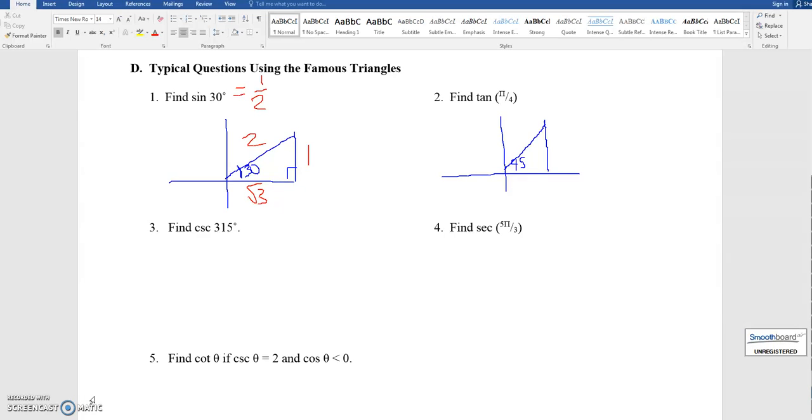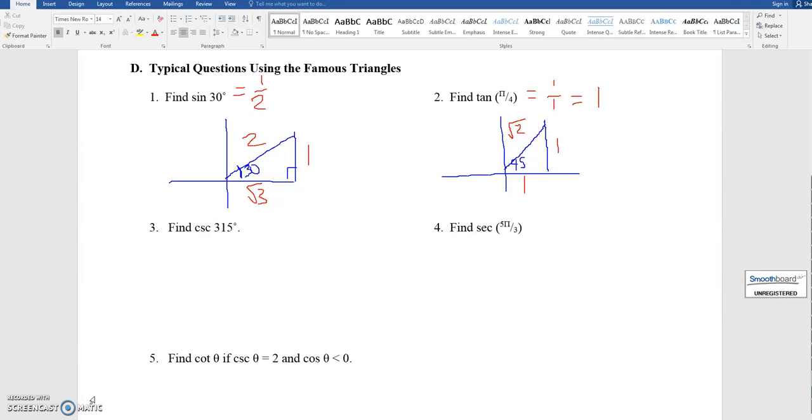And the sides of a 45, 45, 90 triangle, remember, we made this one, this one, and this square root of 2. So tangent of pi over 4, or tangent of 45 degrees, tangent is opposite over adjacent. So I would have 1 over 1, which just reduces to the number 1.